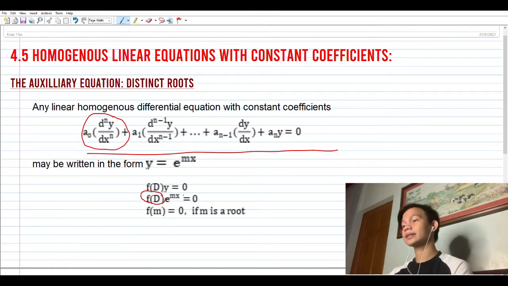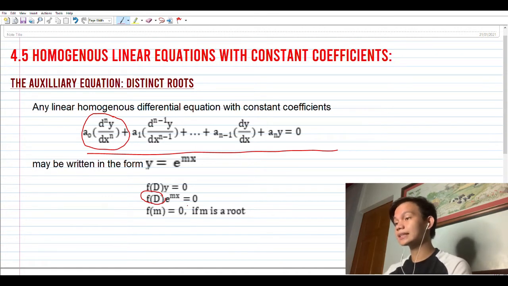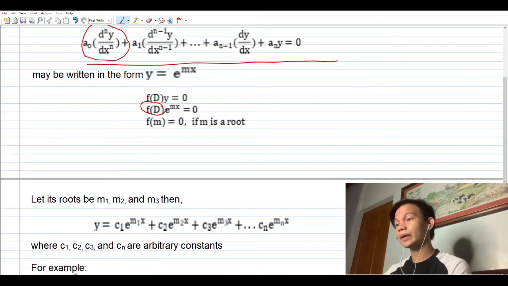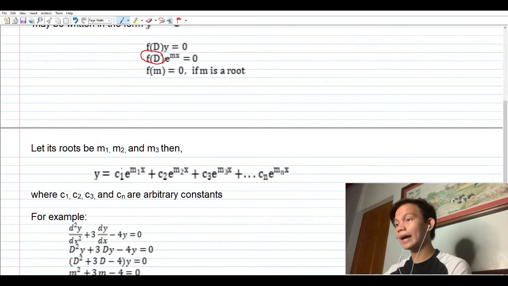So we recall that if you substitute a certain root into a polynomial, we always get 0. So let its roots be m sub 1, m sub 2, and m sub 3.